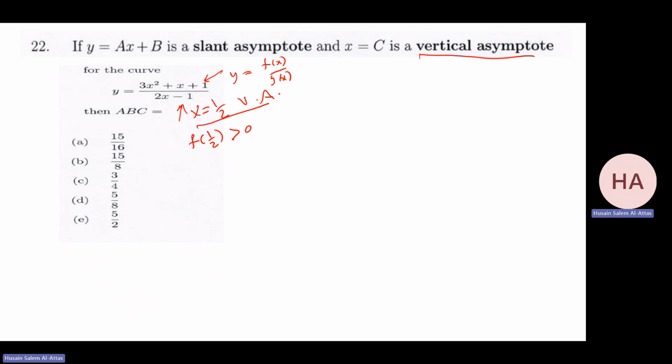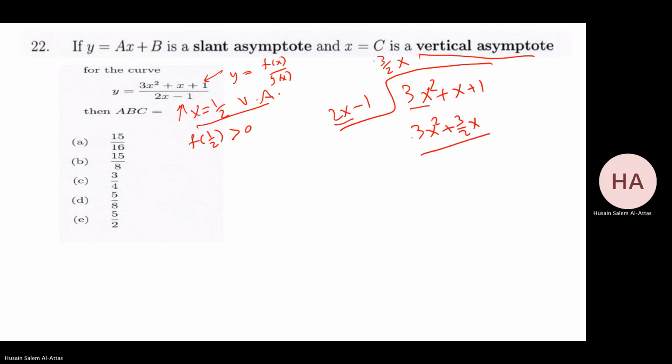Now for the slant asymptote, I will do the long division. Divide this by this, I'm getting 3 over 2x. Multiply, that will be 3x squared plus 3 over 2x. Change the sign, minus, minus. So I have x minus 3 over 2, that will be minus half x plus 1.